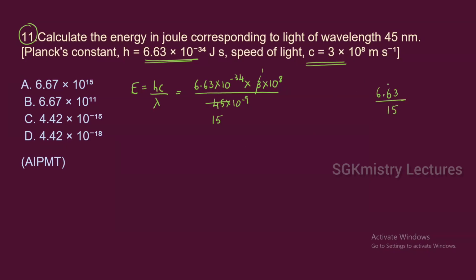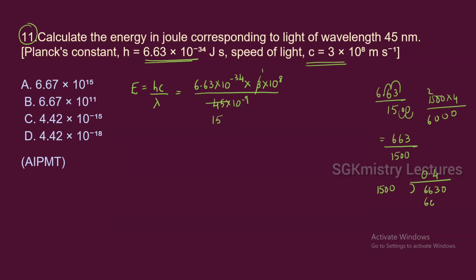So I can shift the points here. Here also I can shift the points. So 663 divided by 1500. So we have 663, 1500, 0. So here we have again 0. So 1500 into 4, right? So that will give you 6000.